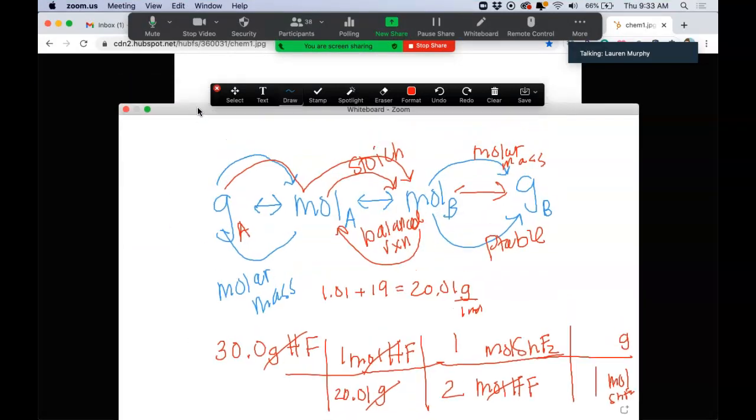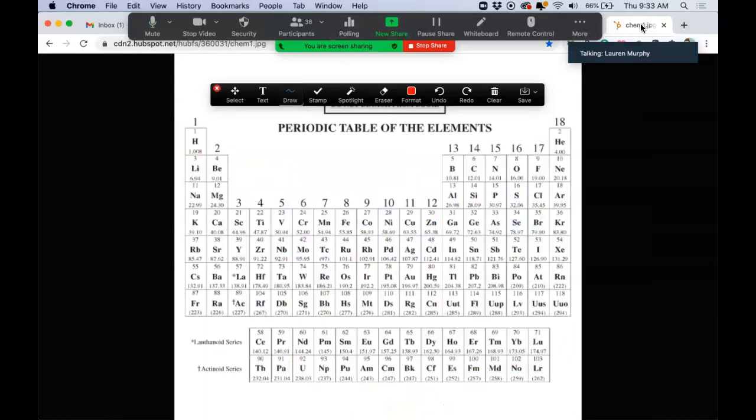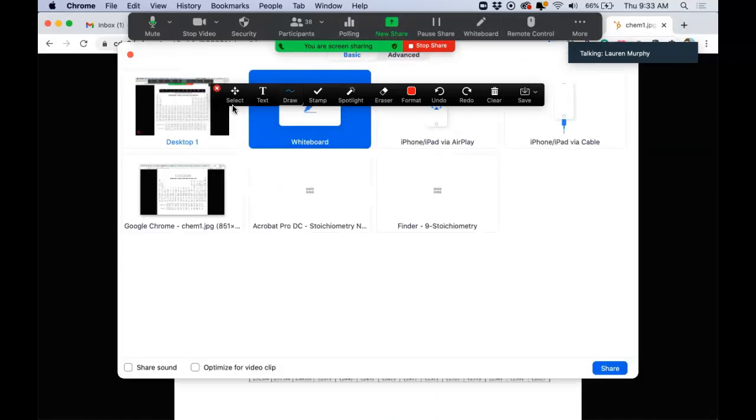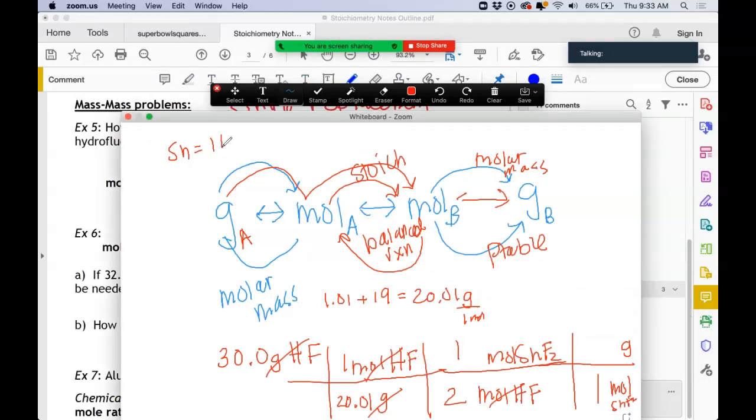So I'll just do this over here. So tin is 118.71. So tin, and then it's 2 fluorines, right?